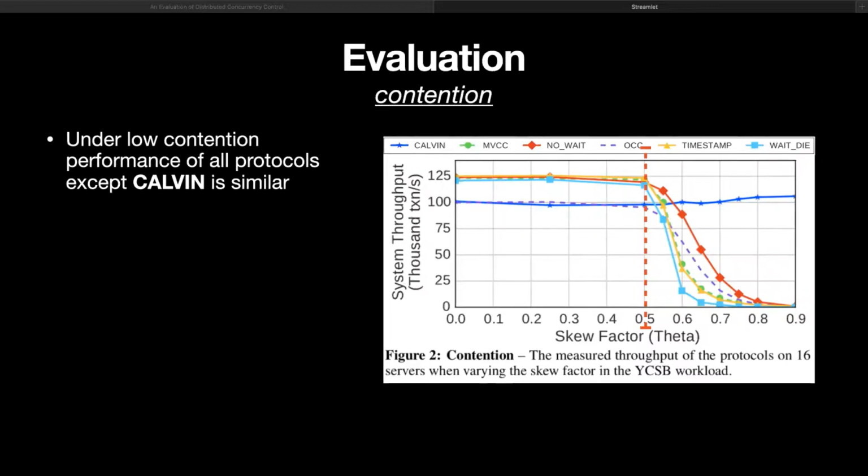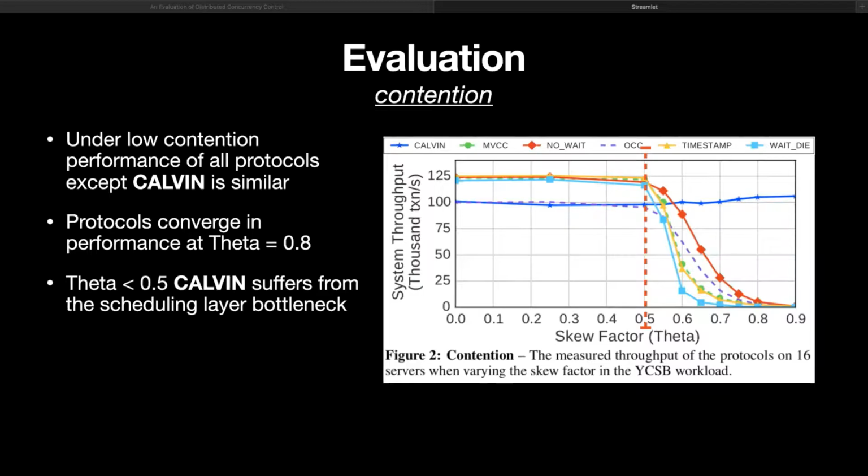As you see, if the skew factor is less than 0.5, then all of the protocols provide almost similar performance, except for Kelvin. After 0.5, the performance of the protocols degrades a lot, and around 0.8 it converges to almost zero throughput.